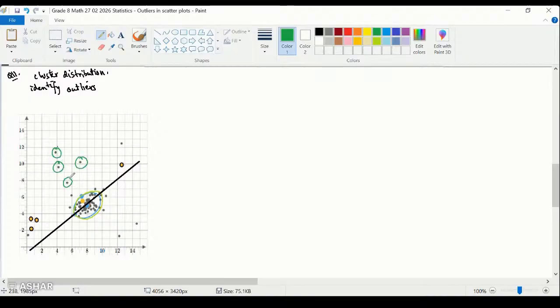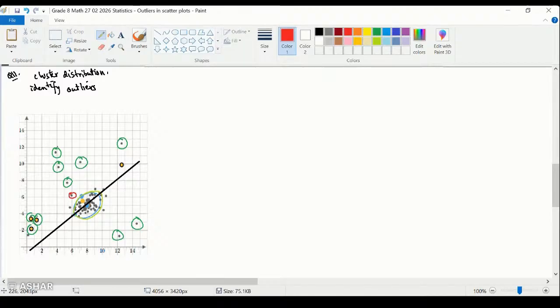All these points, maybe not this, but this, sorry, but this, this, and this. All these points are outliers. About this point, we can say it can be an outlier, which I marked in red, right?